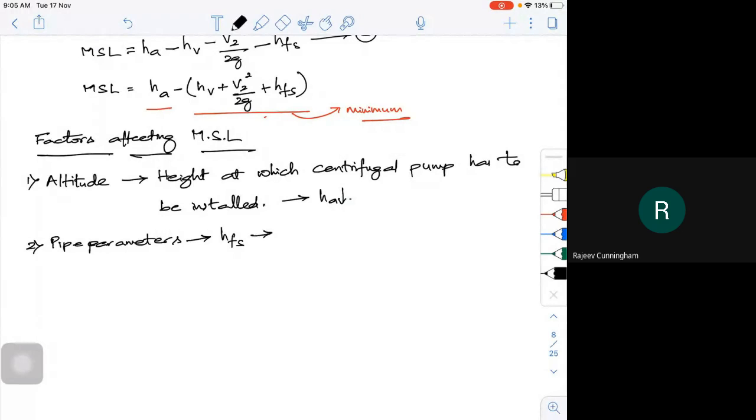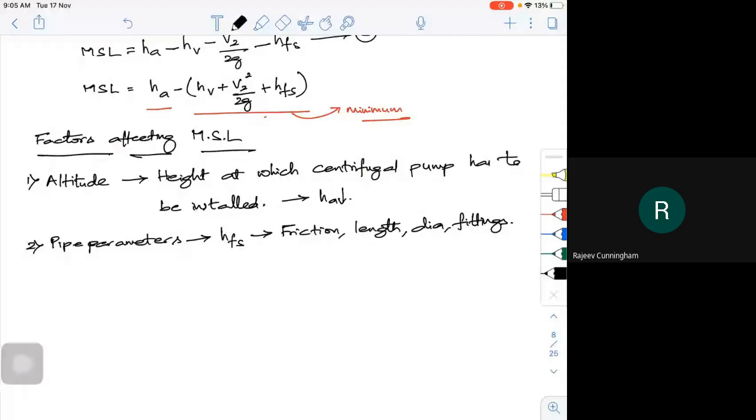It is the length of the pipe, the diameter of the pipe, and the pipe fittings we put, maybe a valve at the end, or a bend, or a 180-degree bend. Those are called fittings. So if it is a smooth pipe or whatever it may be, the higher the length of the pipe, the more your friction will increase.